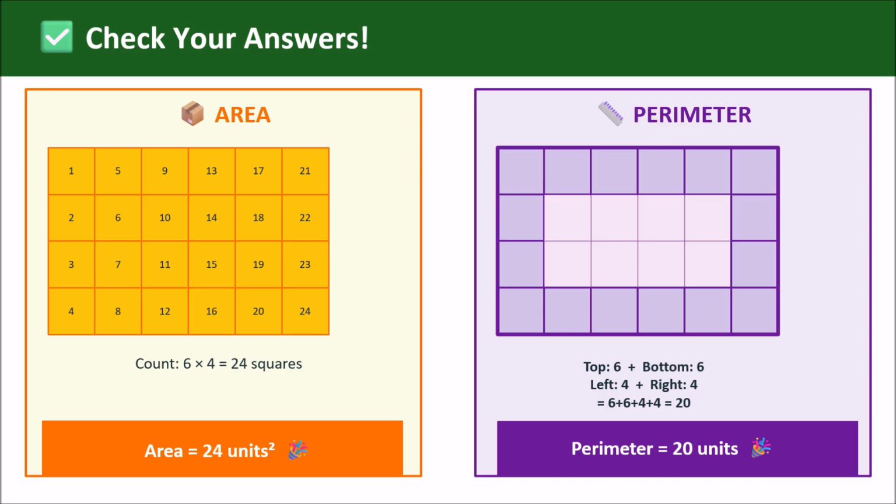Add up all the 4 sides. Top 6 plus bottom 6 plus left 4 plus right 4 gives a total of 20. If you got both right, amazing work. Give yourself a round of applause. And if you made a small mistake, that's totally okay. Just go back, review, and come back again.